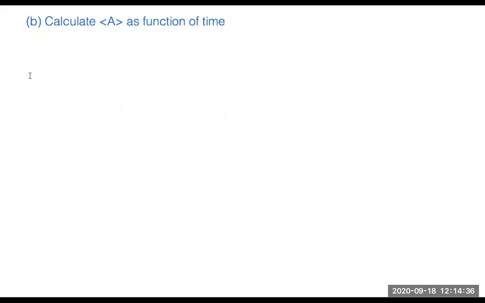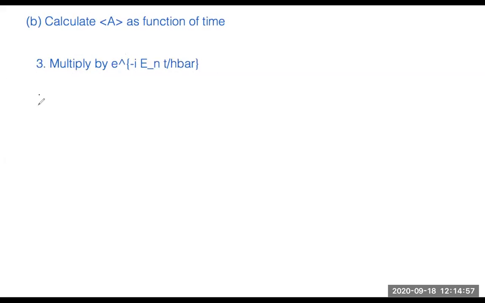All right, so we will start with step 3, which is to multiply our psi naught by these e to the minus i E sub n t over h bar terms. All right, so let's go.